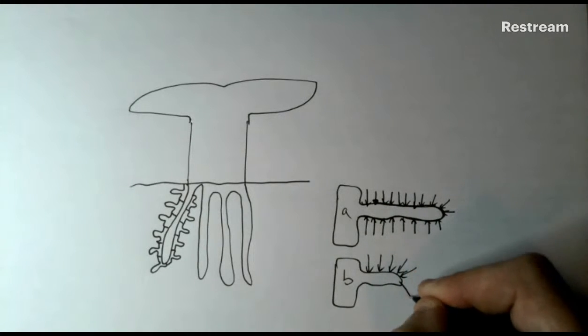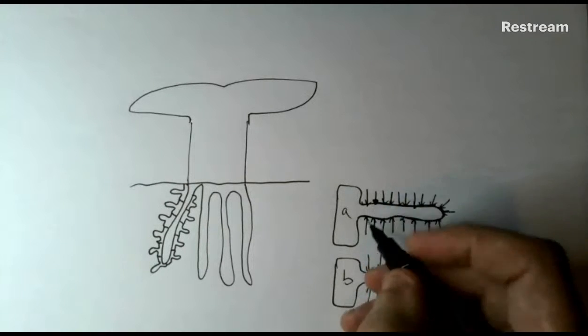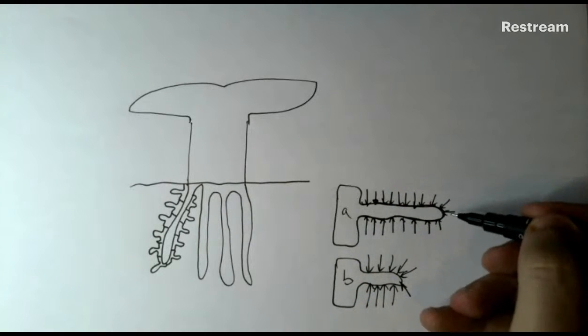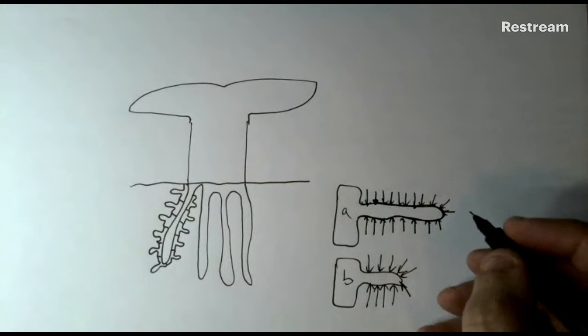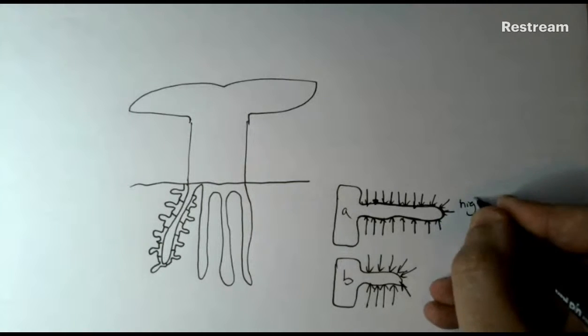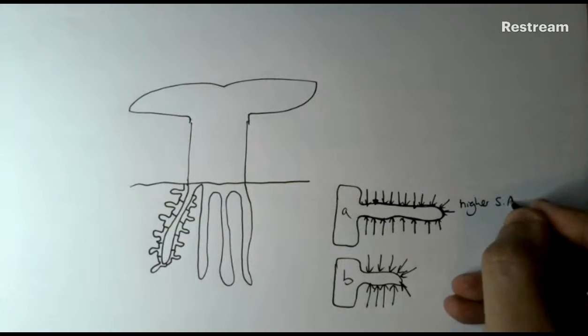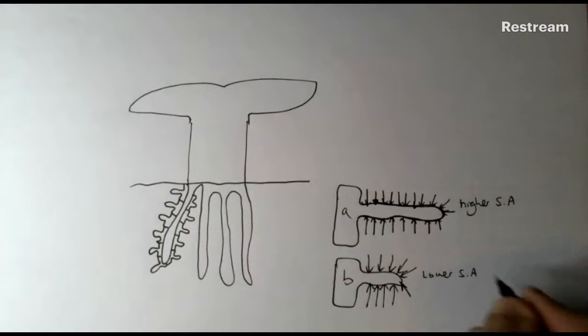Well, of course, as you can see here, root hair cell A, if it's 3D, remember it's 3D, it's not 2D, so this is not just the perimeter, it's going to have a surface area. So this is going to have a higher surface area, and this one's got a lower surface area.